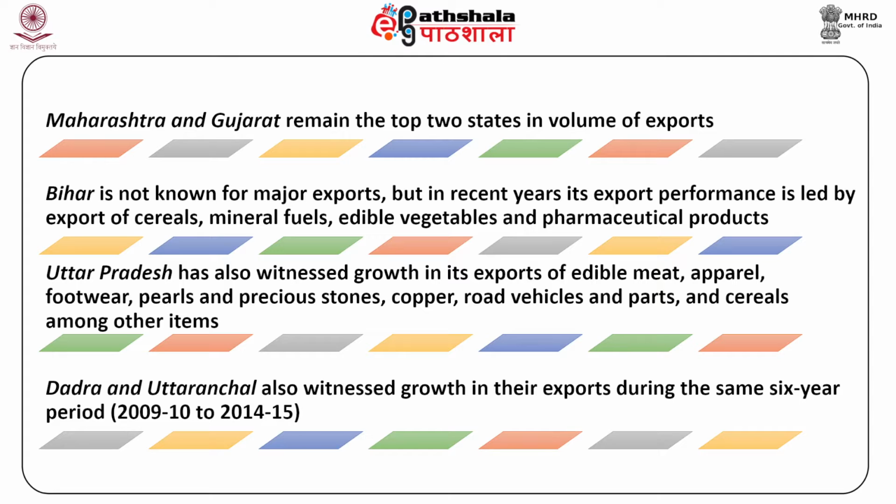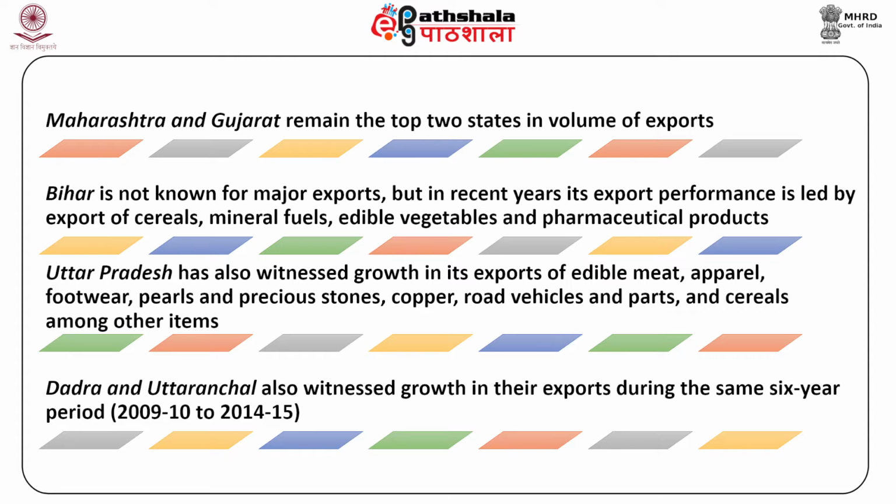Maharashtra and Gujarat remain the top 2 states in volume of exports. Though Bihar is not known as a major exporter, in recent years its export performance is led by export of cereals, mineral fuels, edible vegetables and pharmaceutical products.